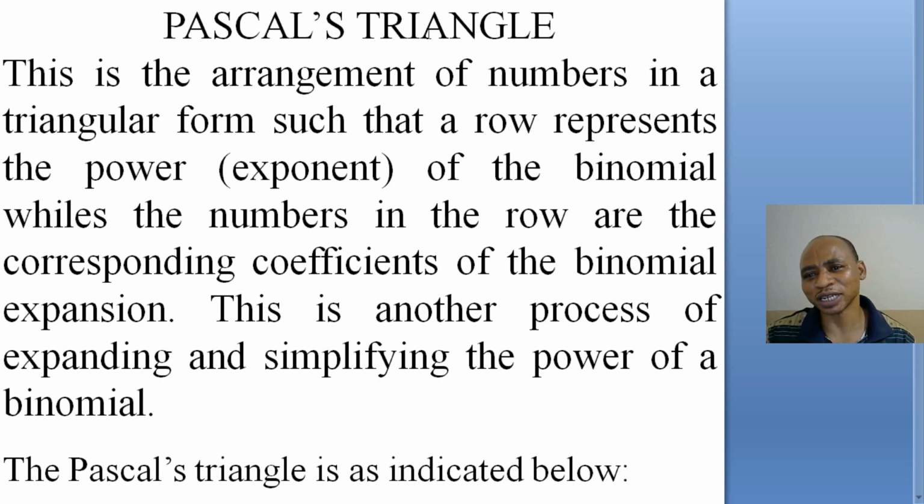One may ask, what is Pascal's triangle then? Pascal's triangle is the arrangement of numbers in a triangular form such that a row represents the power, that's the exponent of the binomial, whilst the numbers in the row are the corresponding coefficients of the binomial expansion.